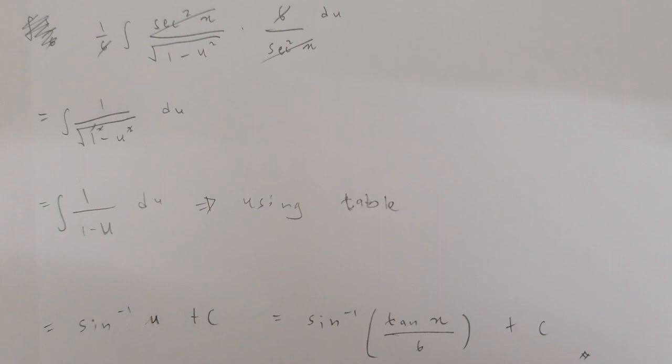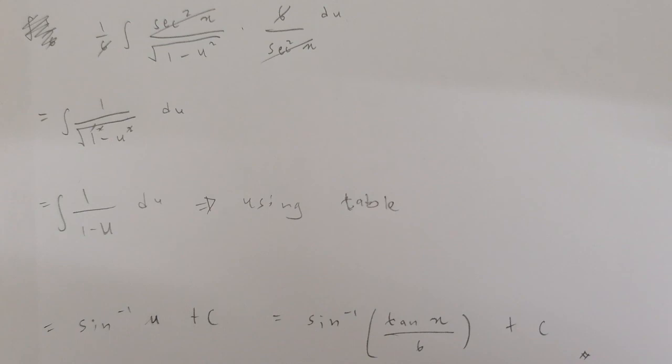And then you look at the table and you're like, hey, wait. We can change that into inverse sine u. Well, we do that. Inverse sine u plus c, don't forget plus c, because this is the indefinite integral.